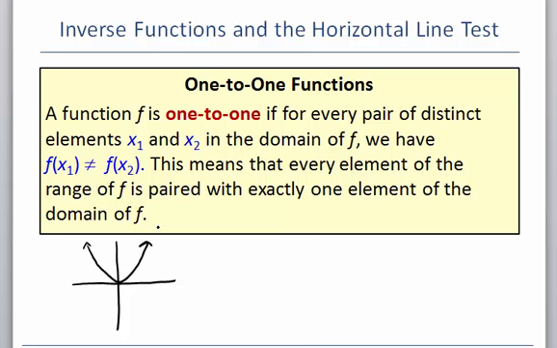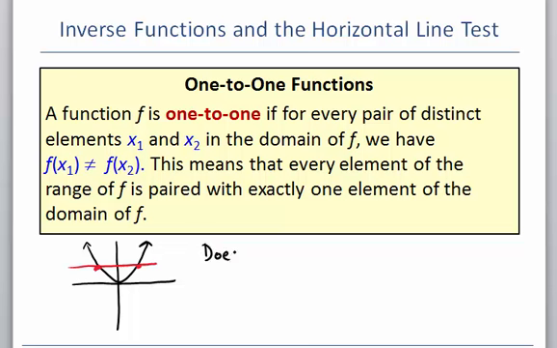Now we know that that graph is a function because it passes the vertical line test. So what I want to know now is, does it pass the horizontal line test? All right, so horizontal line test means that I'm going to draw a horizontal line and I only want to hit the graph in one spot. So since this crosses the graph in two places, it does not pass the horizontal line test.